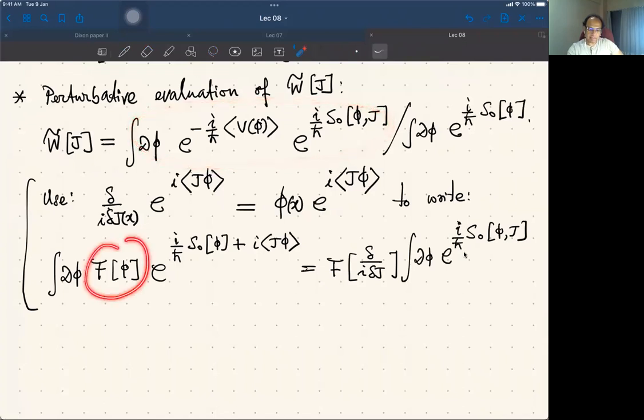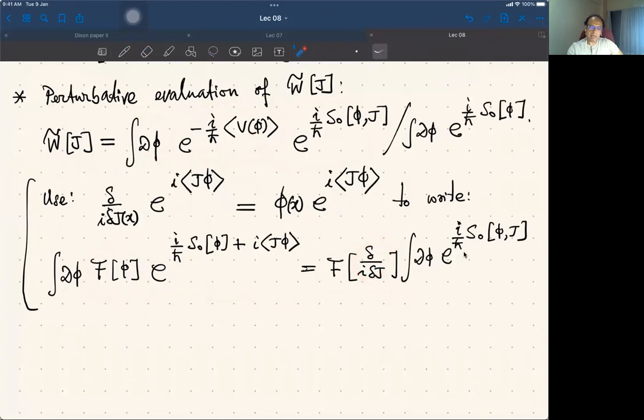If the factor is nothing but this exponential minus i/ħ of the integral of V(φ), I can use this result and write this exponential minus i/ħ V of φ, replace φ by this derivative and take this out of the path integral.